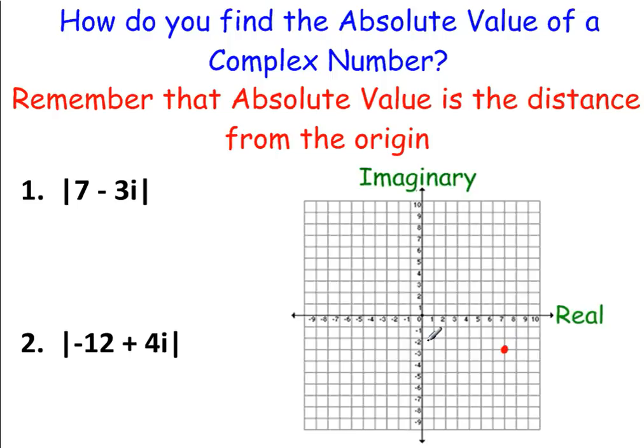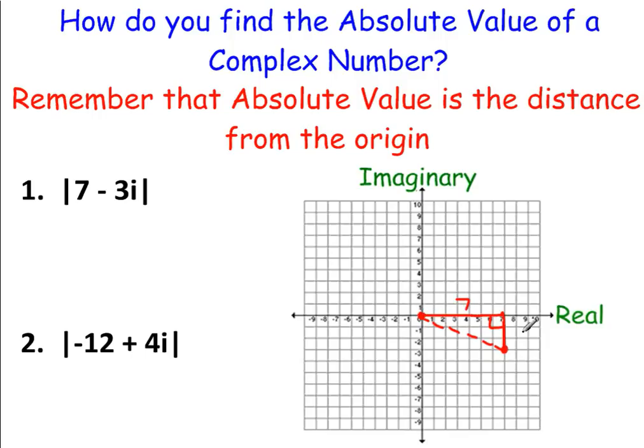So here, I want to know the distance away from our origin. Just like when we did a number line, we tried to find the distance away from 0. Well, if you remember a little bit from geometry, I'm looking for this. What is the distance from this point back to the origin? Hopefully you remember that that ends up just being the hypotenuse of this right triangle.